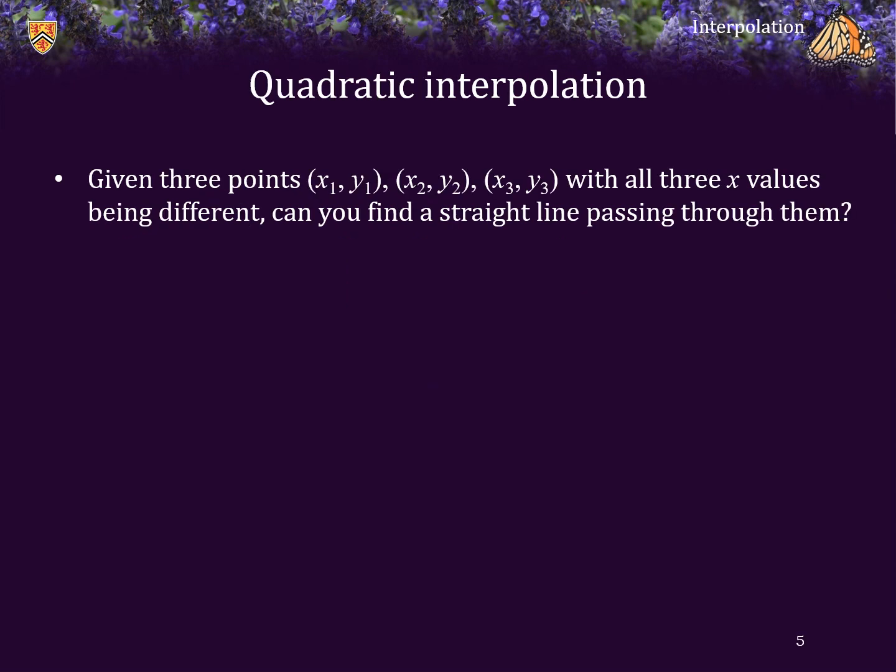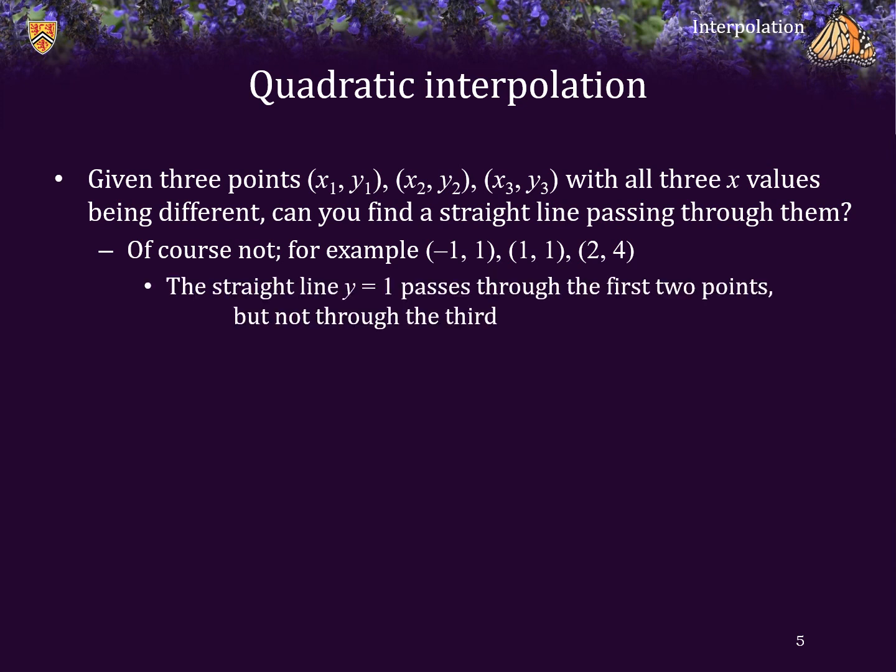However, given 3 points x1, y1, x2, y2, and x3, y3, with all three x values being different, can you find a straight line passing through them? Well, of course not. After all, here we have an example. The first point is negative 1, 1. The second point is 1, 1. And the third point is 2, 4.